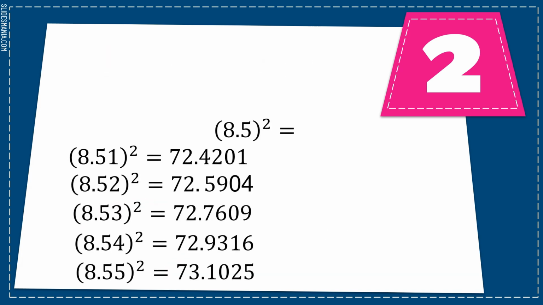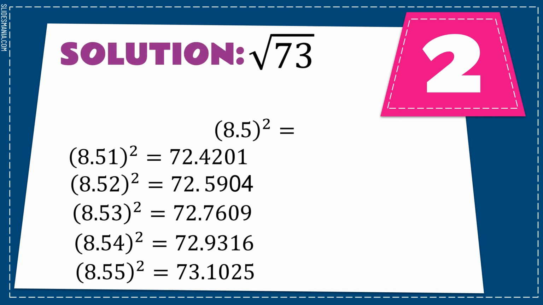Now let us add another decimal digit to 8.5. Choose decimal numbers which are closer to 8.5, then square them. So we have 8.51, 8.52, 8.53, 8.54, and 8.55. After squaring, which do you think is closest to 73 among the results?